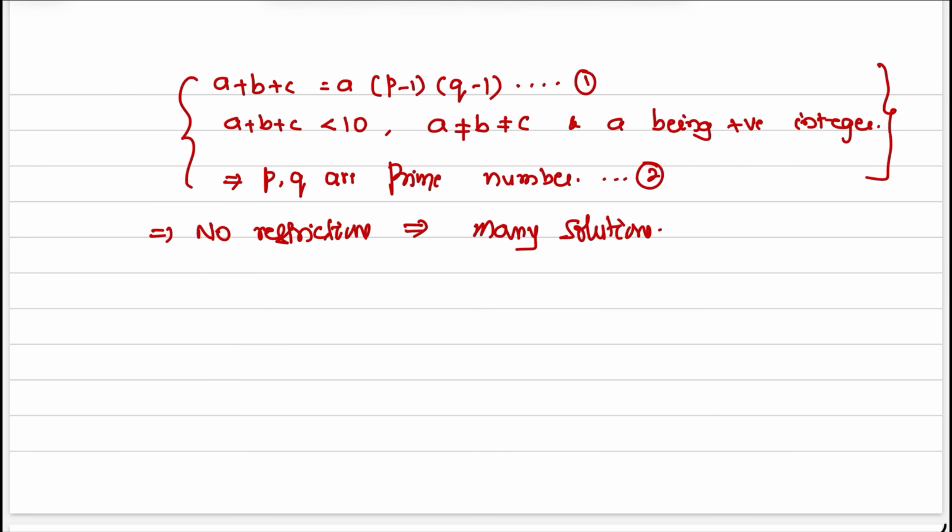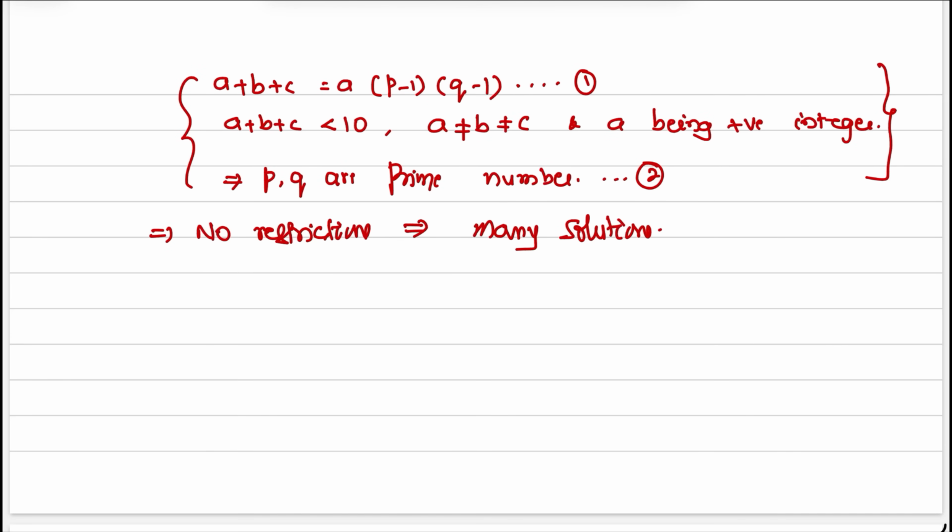Set P is equal to x such that ax square plus bx plus c is equal to 0 and x is a prime number. And we have to solve for a plus b plus c. If any other conditions are given, then we will solve for the set of triplets.